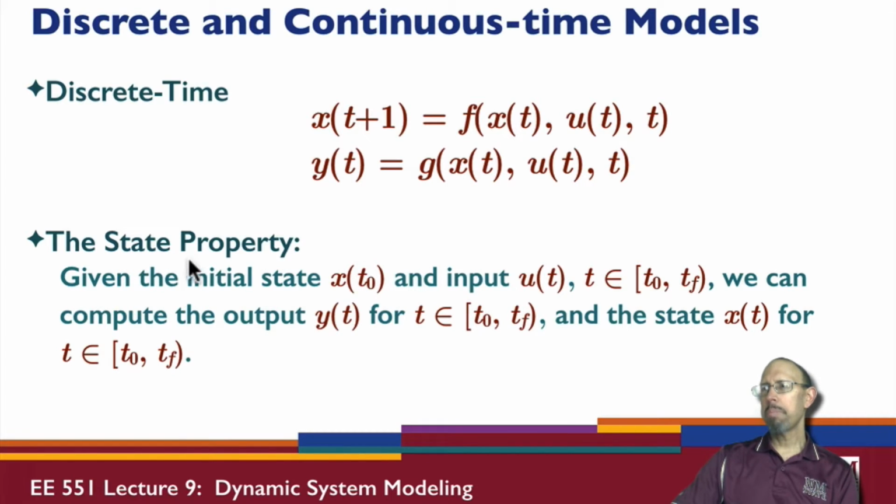The state property says that given the initial state x at time 0 and the input u from t0 to tf, we can compute the output y during this same interval, and also the state in the same interval.